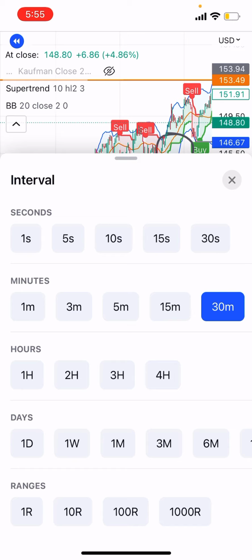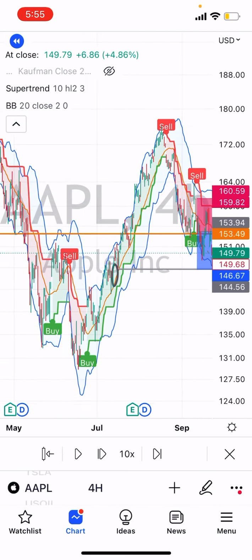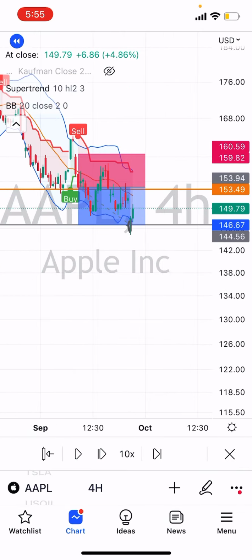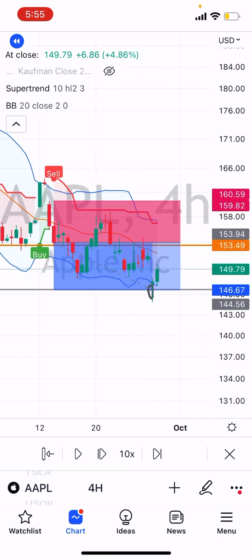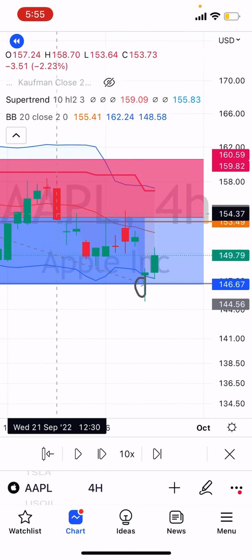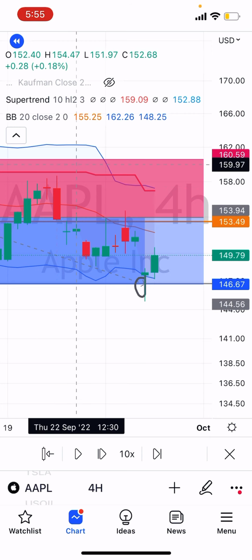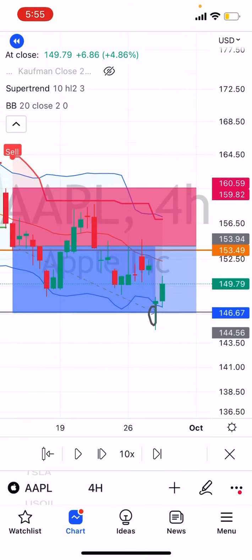Now we're going to go to the 4-hour time frame and still see what happened in the past. So initially we're still downtrending. We see that price hasn't broken above the previous high, so we are still on a bearish structure.